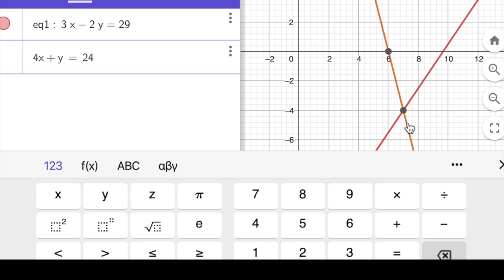And you can see those two straight lines that we graphed meet at this point. So that's the point where the value for x, which I think is going to be 7, and the value for y, which is going to be -4, works. So 3 times 7 take 2 times -4 equals 29, and 4 times 7 plus -4 equals 24.